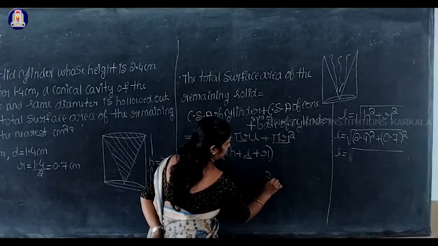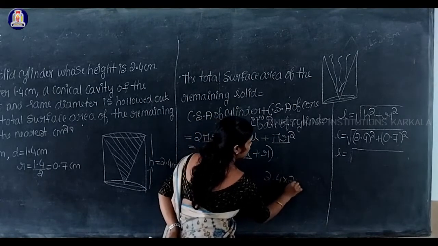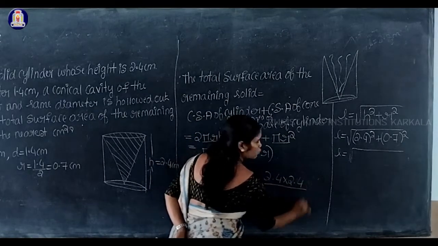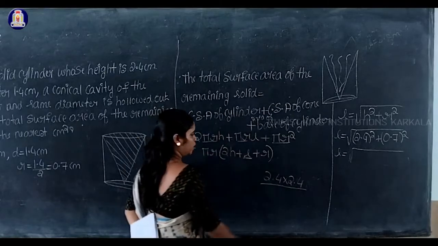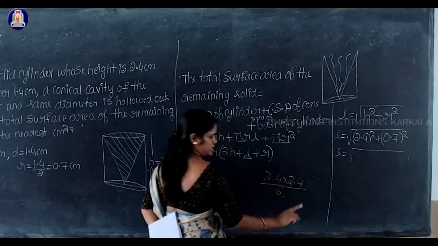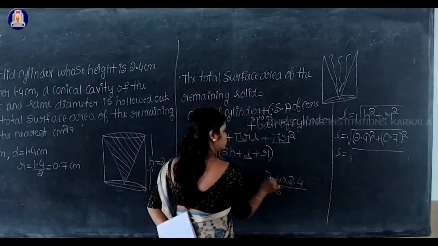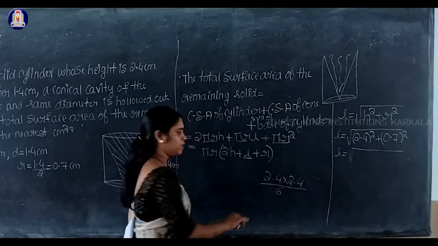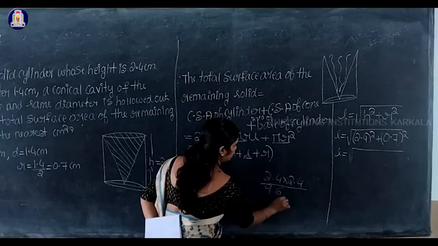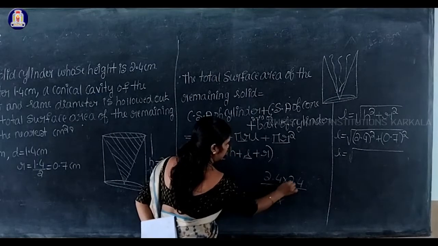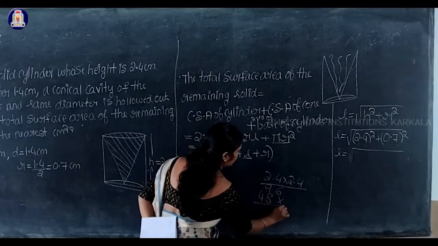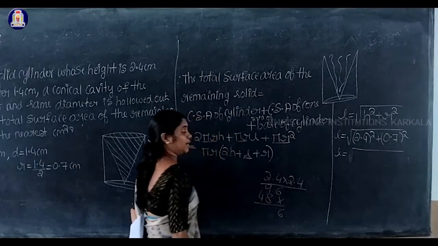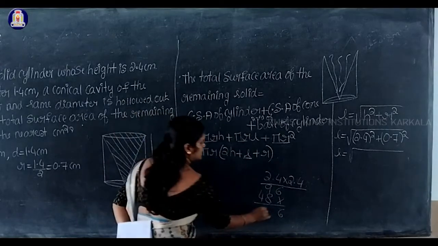What is the value of 2.4 whole square? Just multiply 2.4 into 2.4, isn't it? 4 4s are 16, 1 carrying, 4 2s are 8, 8 plus 1 equal to 9. Once again 4 2s are 8, 2 2s are 4, 9 plus 8 equal to 17.